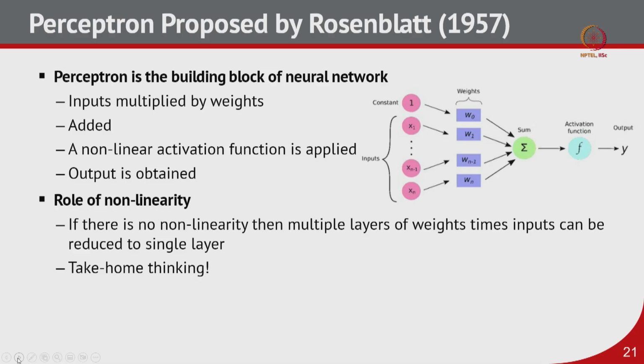So, the fundamental block of a neural network is known as the perceptron, which was proposed by Rosenblatt back in 1957. So, as you can see, these topics are not new. Just because we now have bigger computers, we can implement all these concepts and see the results, right.